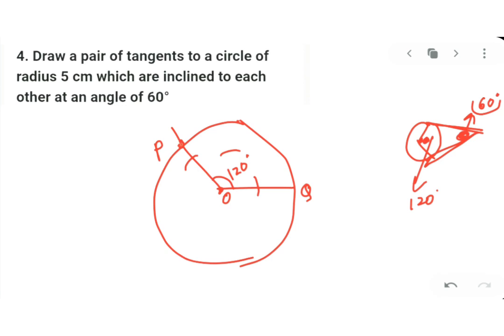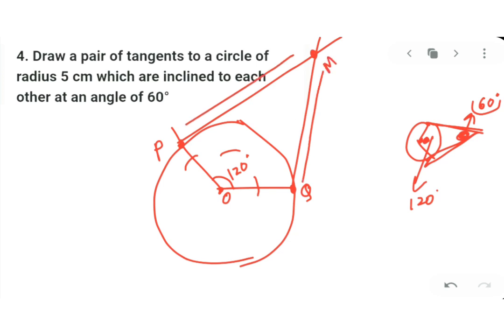Now from point P you have to make 90 degree, and from point Q also you have to make 90 degree. And where these lines intersect you can name it as M. And now PM and MQ will be your required tangents, which are inclined to each other at 60 degree. Got my point clear?